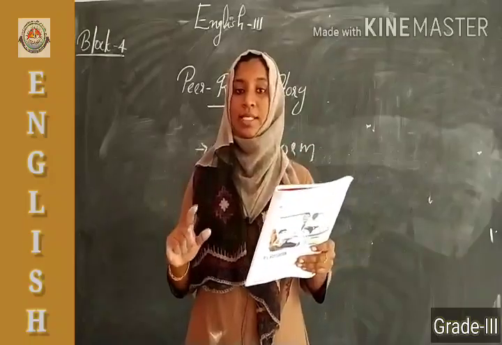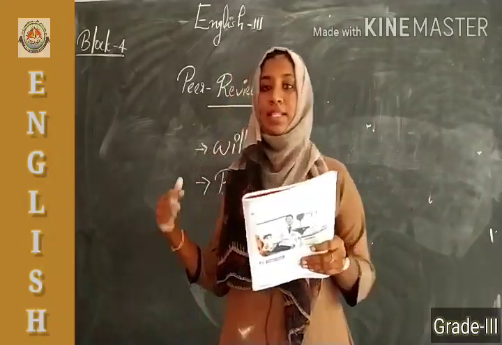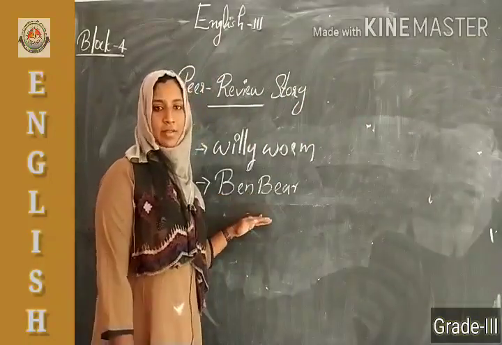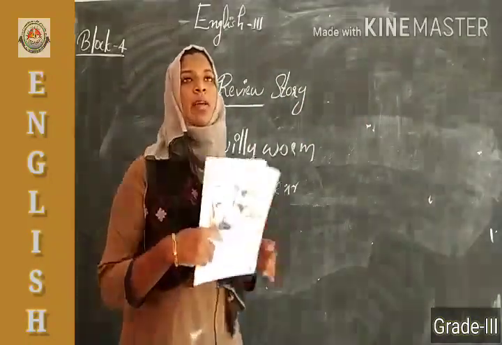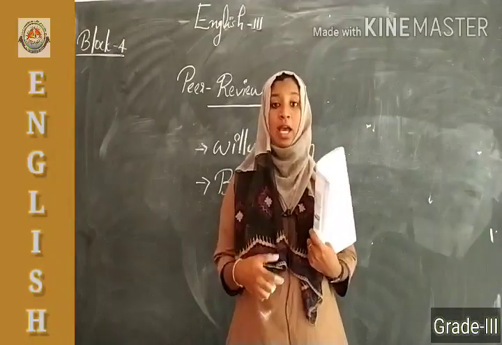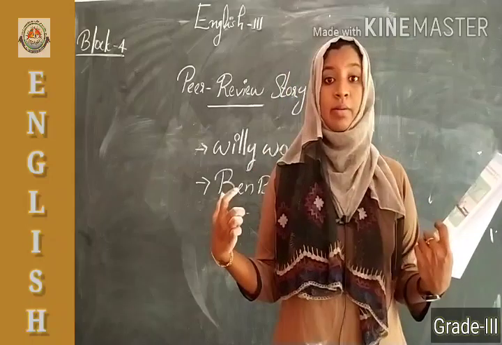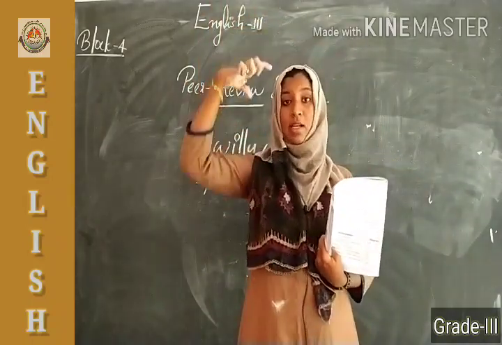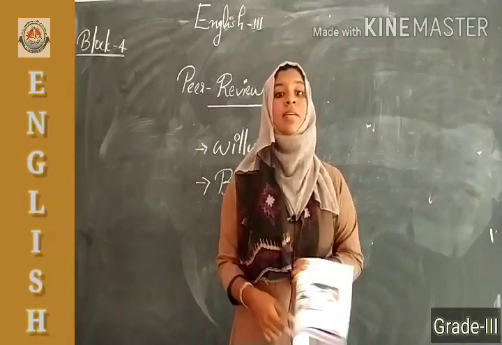So similarly you have to write this way. Look here, my character is Ben Bear. So I can say that he is short and fat and black and brown in color, and he wears a big hat, blue in color.